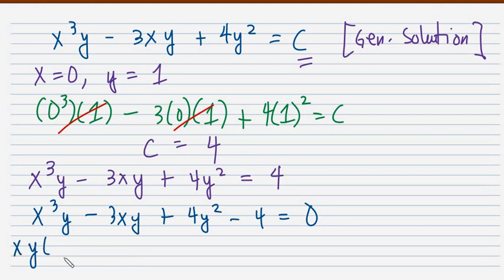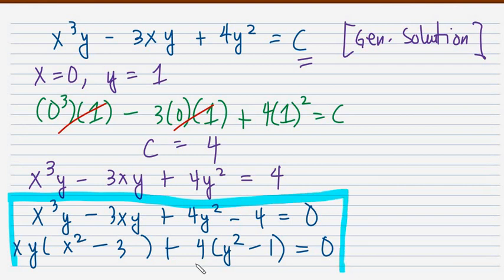So xy times x squared minus 3, and then here we factor out 4, y squared minus 1 is equal to 0. Okay, so we factored out y here, so let me just correct that. So y here should be erased. Yeah, x squared minus 3 only. So it's up to you, no? But I will accept if the final answer is the first one. Okay, so those are our two final answers.